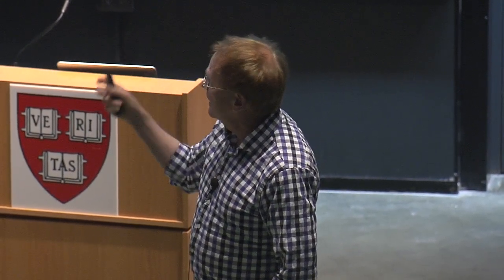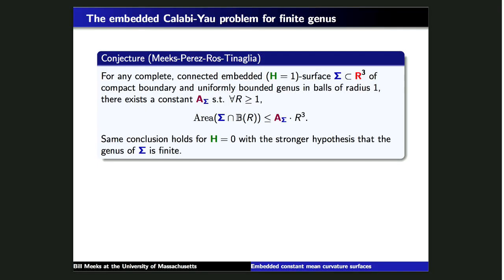Okay, so here's where we get more insight, and this is related to, well, definitely not going to finish many of my things. Okay, so the conjecture is: look at a surface in R3, complete and embedded in R3 with constant mean curvature.